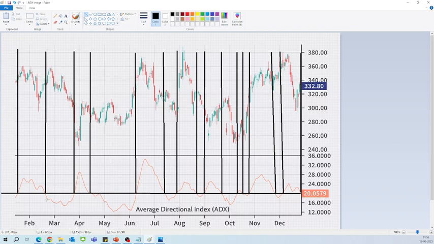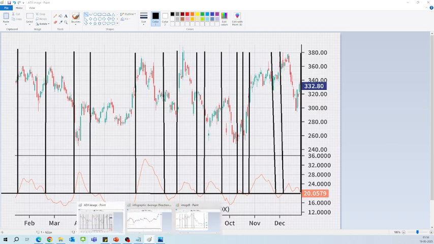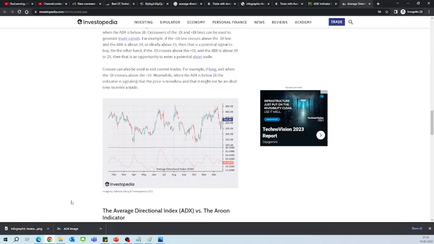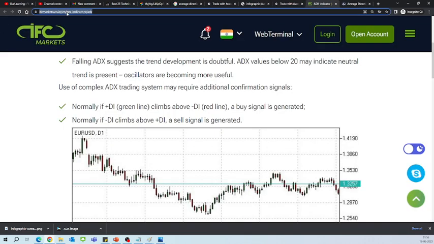I think I will not be able to explain this example, but I have found another example which I've taken from another site, ifmarkets.com.